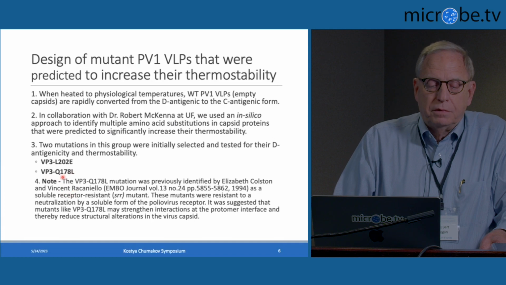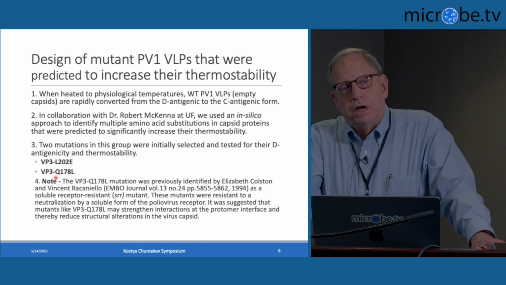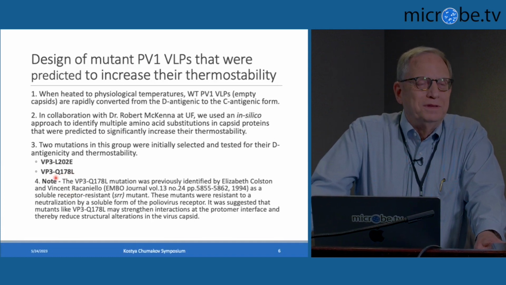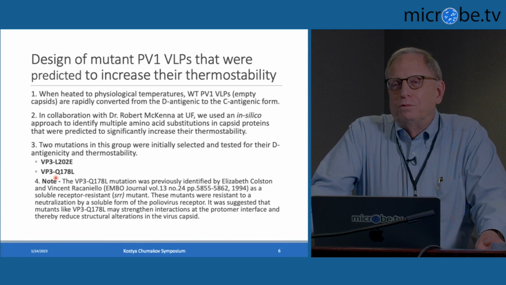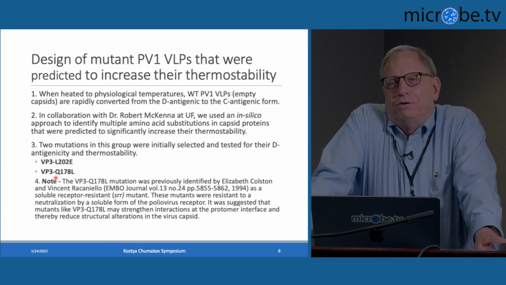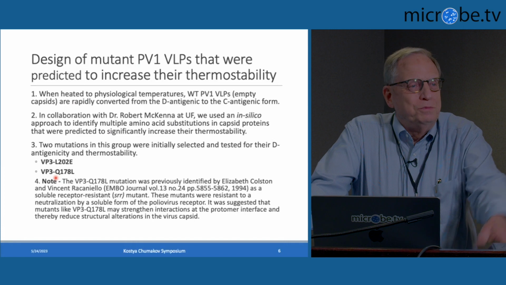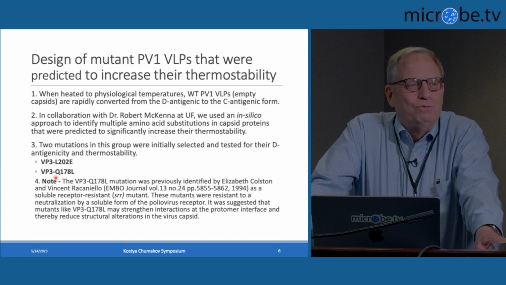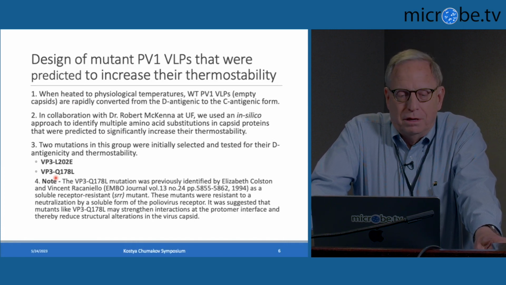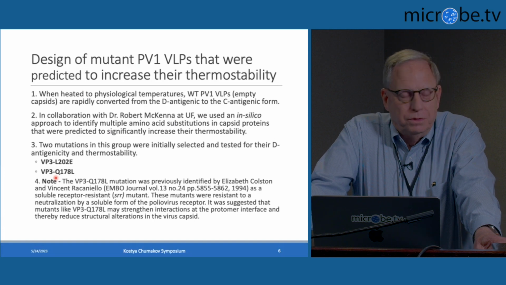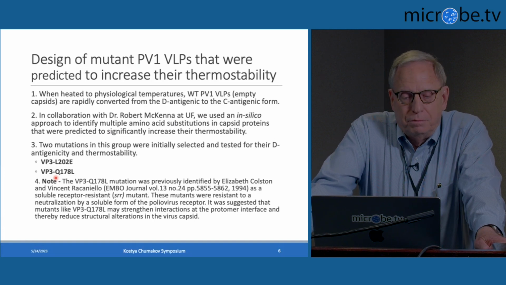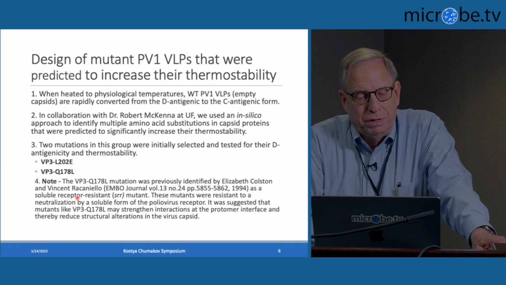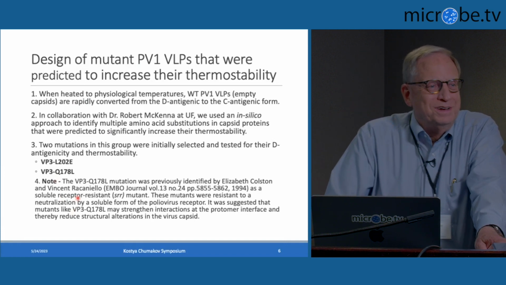Being an old virologist, even at that time, I was familiar, you've read a lot of papers. So I remember Vince Racaniello had worked on this mutant, which played a starring role in one of the papers.